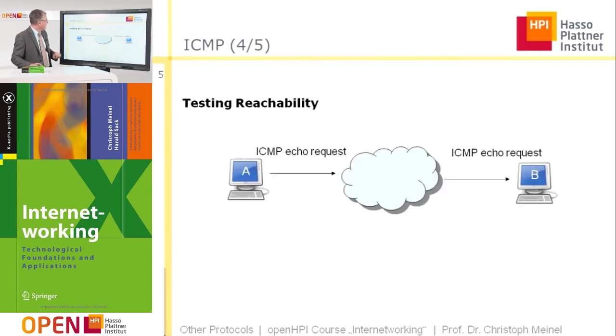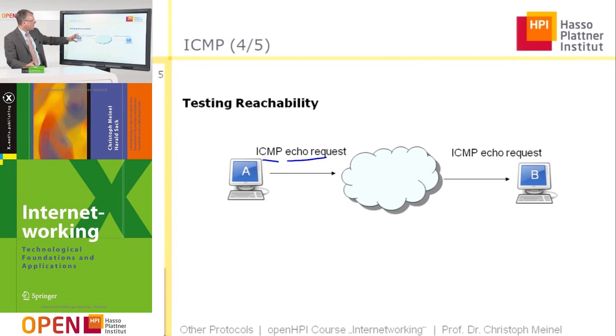Here an example. For example, host A wants to check whether another host in the Internet, perhaps placed in another network, is reachable. This can be easily done by sending an ICMP message, exactly the echo request message.